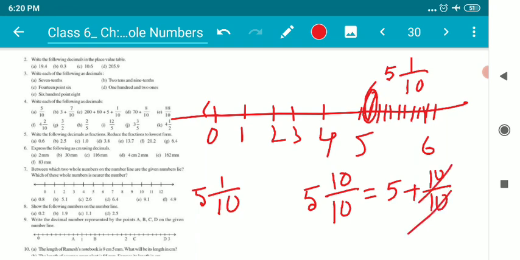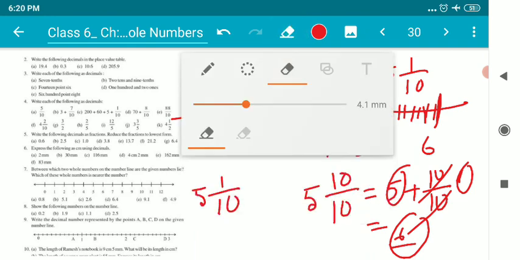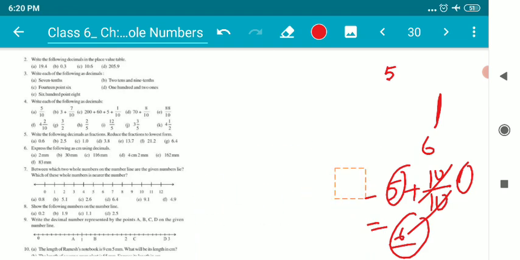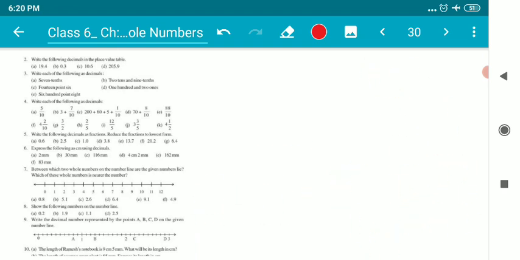If you cancel 10 and 10, you get 1. So 5 plus 1 results in 6. It means you will stand on 6. So 6 is only 5 10 by 10. That's all. So children, this is how we will represent such numbers on the number line. I hope it's absolutely clear to everybody. If not, then please feel free to speak to me.